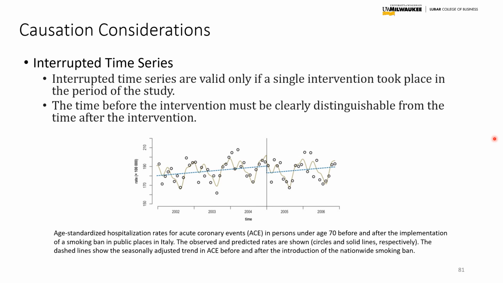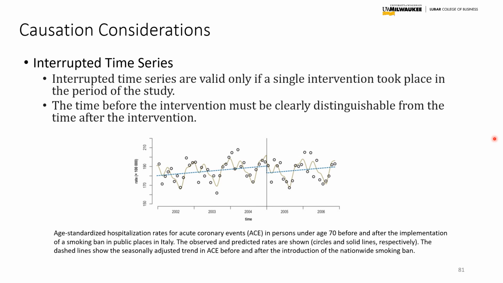If we have a time series on some variable of interest, and we know that there was a certain intervention and no other interventions that we're aware of occurring at a certain time, and the time series has fundamentally changed, that gives us strength toward a causality argument.